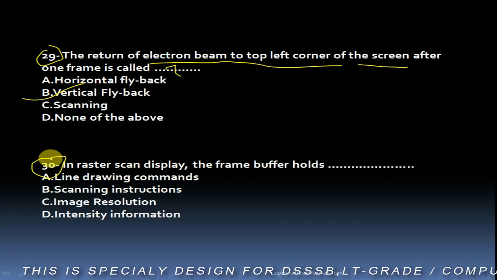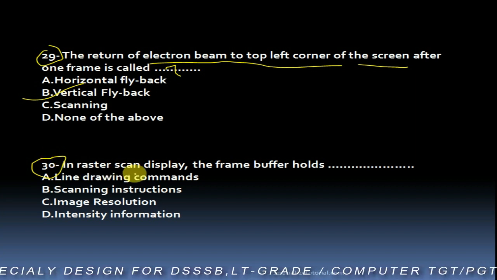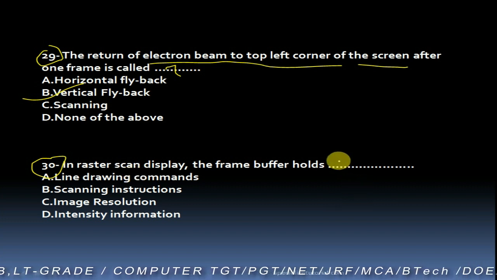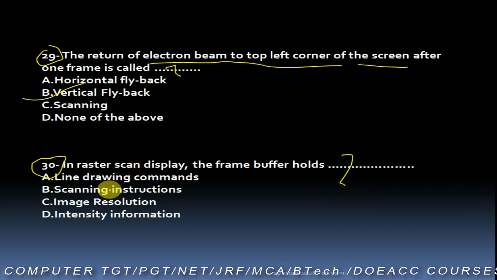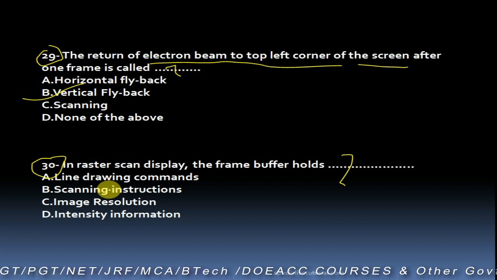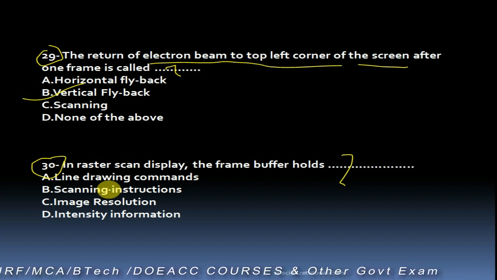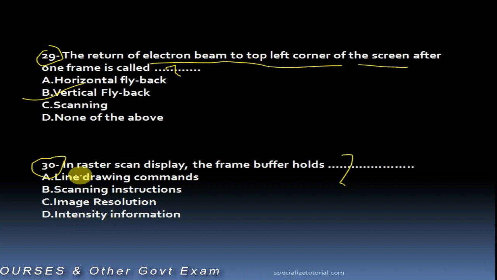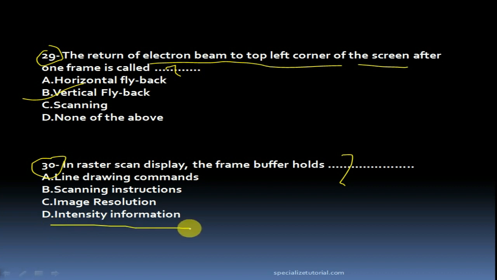In a raster scan display, the frame buffer holds what? Line drawing commands, scanning instructions, image resolutions, and intensity information. Okay, so basically in a raster scan display, the frame buffer holds intensity information. D is the right answer.